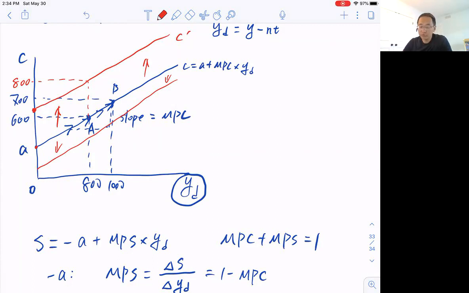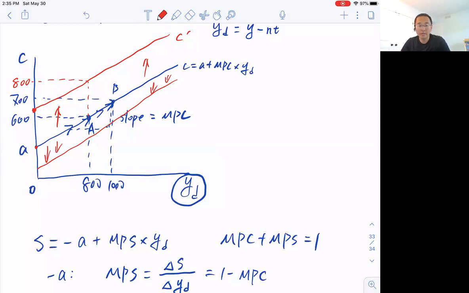So the more you save, the less you have to spend, right? Because we said savings and consumption both come out of your disposable income. So when you save more, you have to spend less, assuming you have a fixed amount of income, not infinitely increasing income. So this higher interest rate will also cause your curve to shift downward.